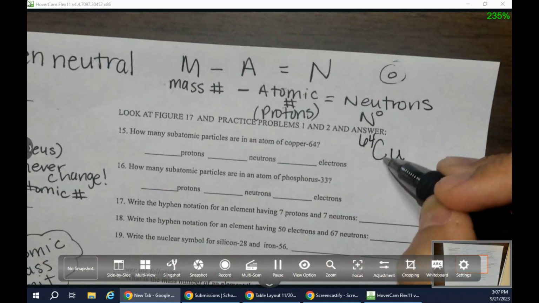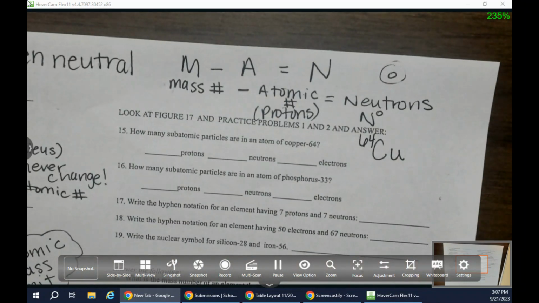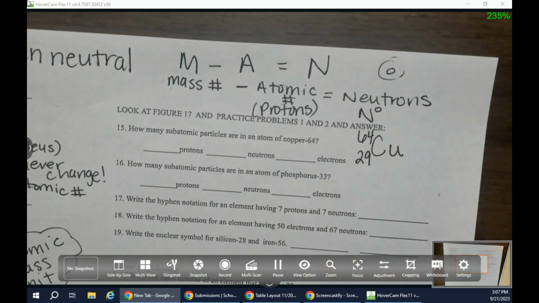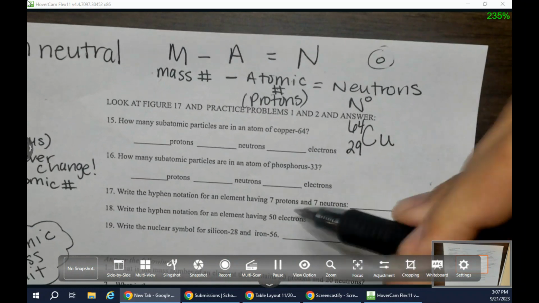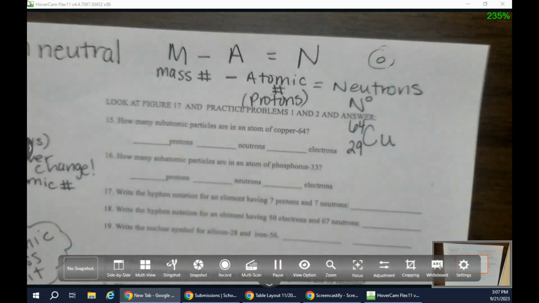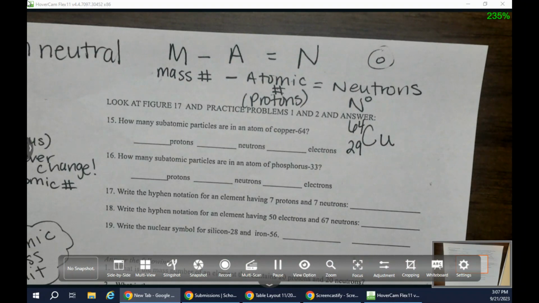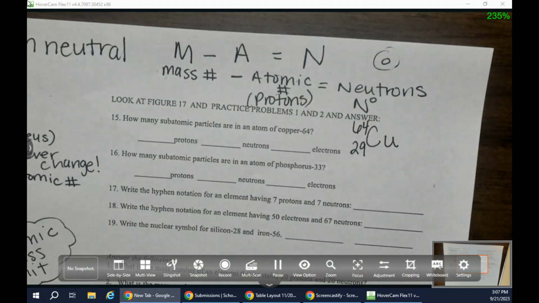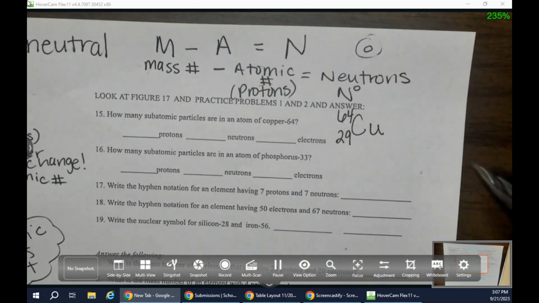Okay? What's going to go in the bottom left? That one's going to be 29. Good. Okay? And then did I indicate anything about a charge up here? No, right? So I'd have to go out of my way to tell you it's an ion. I'll just tell you right now, this list right here, there are no ions. I probably should have put some on there, but it's okay. We'll deal with it later.